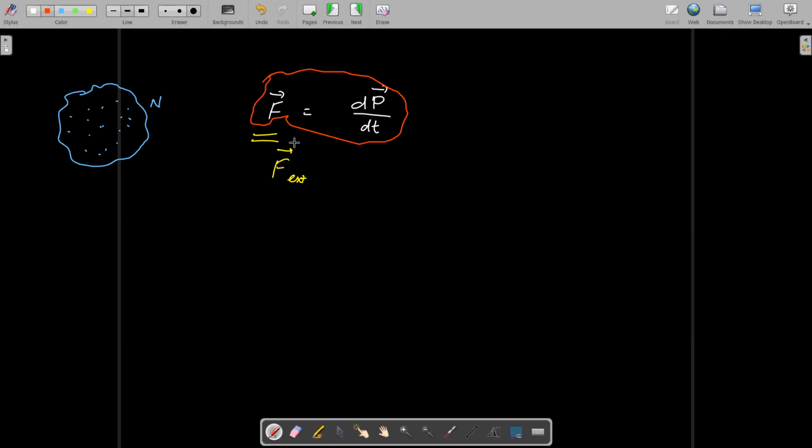Then we can actually rewrite the equation as force is equal to dp by dt, and we know that P is equal to mv, right? So if we take the total mass of the system as m, we can take m out, and what changes here is the velocity.